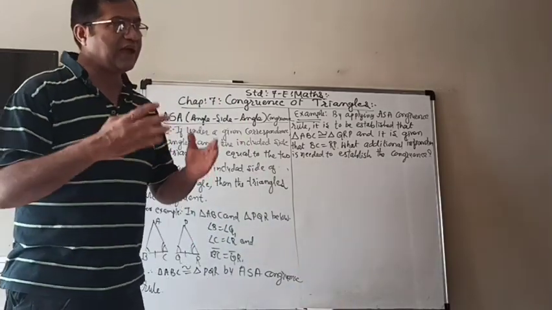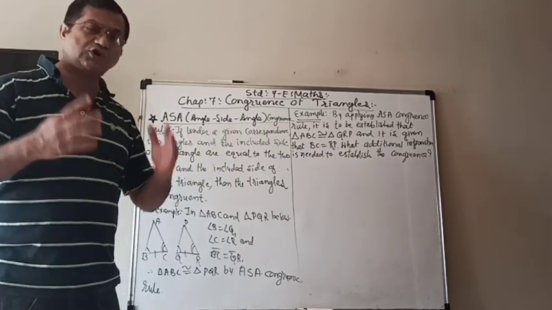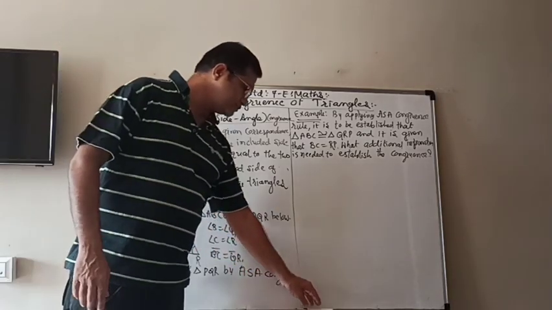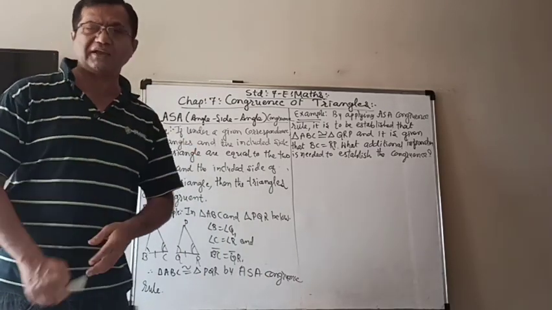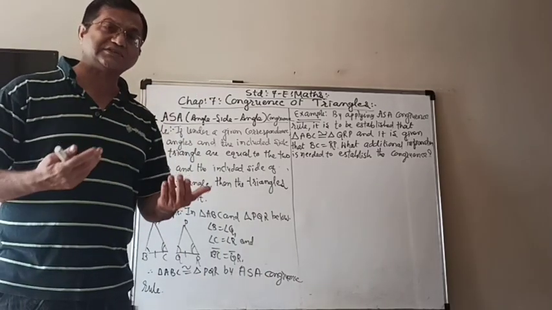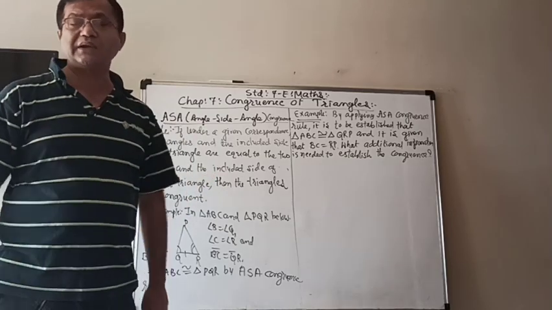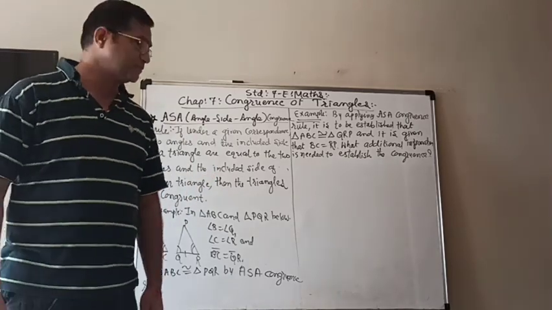So what is the ASA congruence rule? Here also the included side is there. In SAS there were two sides and the included angle. Here two angles and the side included between them are referred to.